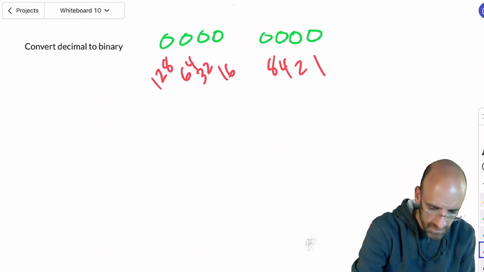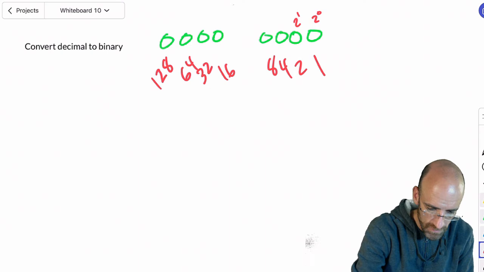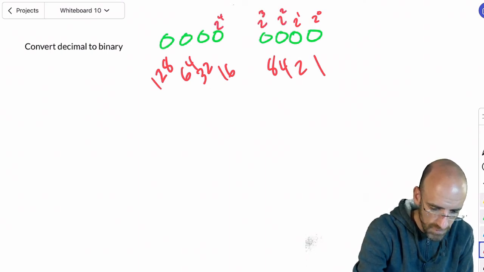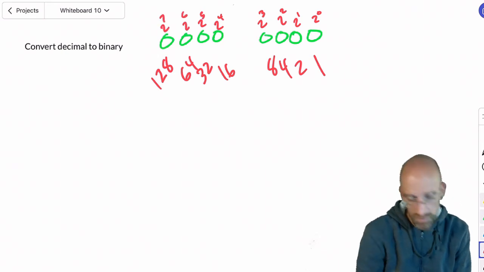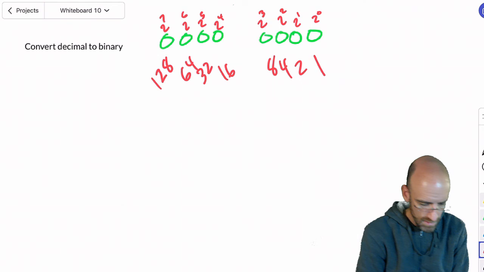And this is 2 to the 0, 2 to the first, 2 squared, 2 to the third, 2 to the fourth, 2 to the fifth, 2 to the sixth, and 2 to the seventh. 2 to the 7th is 128.